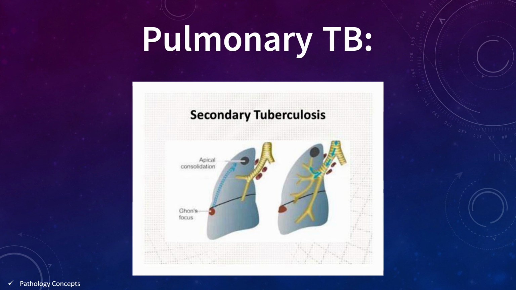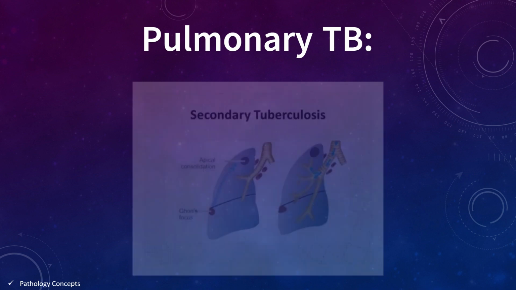Secondary TB occurs in most people who develop tuberculosis after a long period of latency, usually several years after the initial primary infection. This is known as secondary tuberculosis. Secondary tuberculosis usually occurs because of the reactivation of latent tuberculosis infection.